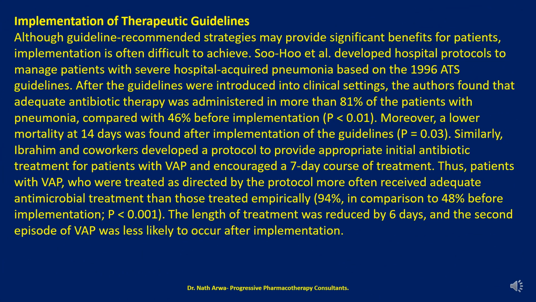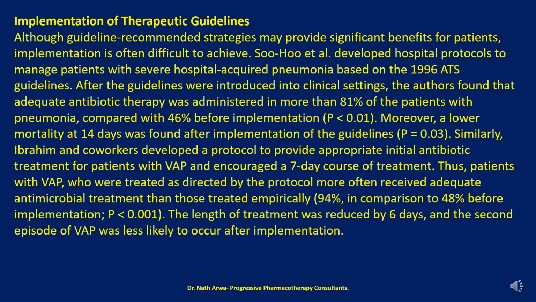We will now discuss the implementation of therapeutic guidelines. Although guideline-recommended strategies may provide significant benefits for patients, implementation is often difficult to achieve. Su Hu and colleagues developed hospital protocols to manage patients with severe hospital-acquired pneumonia based on the 1996 ATS guidelines.